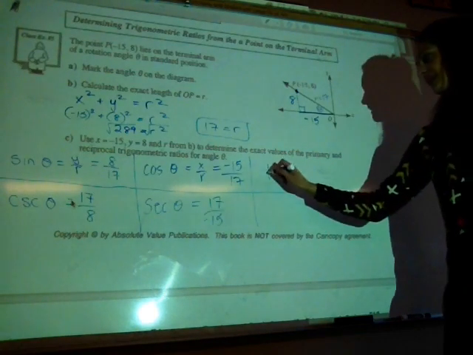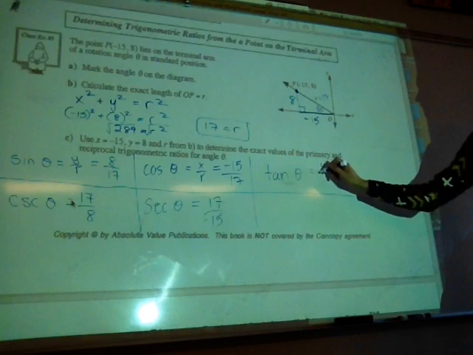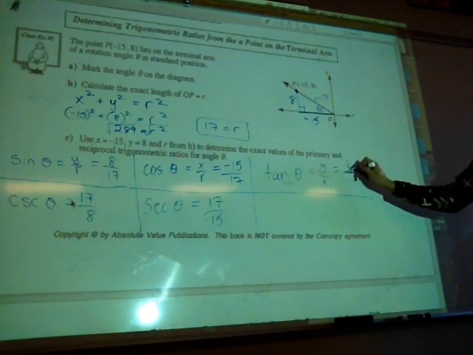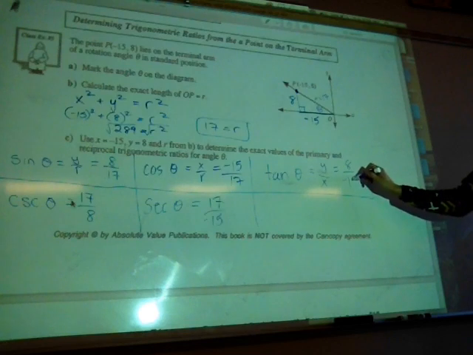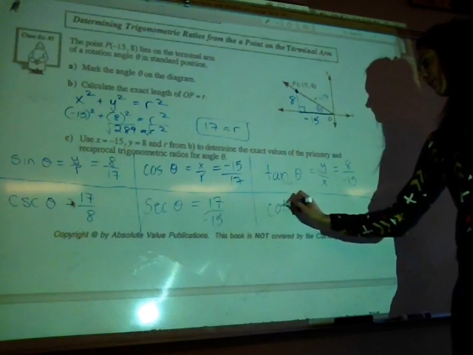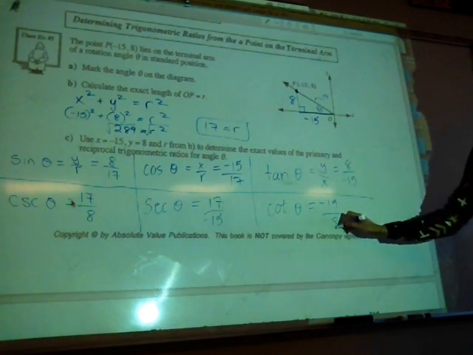And lastly, we have tan. Tan is opposite over adjacent, so y over x. Our y is 8 and our x is negative 15. The reciprocal would be cotangent, x over y, so we get negative 15 over 8.